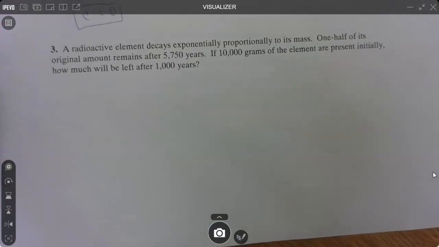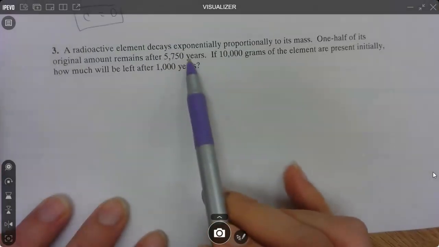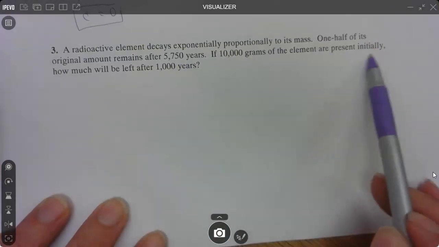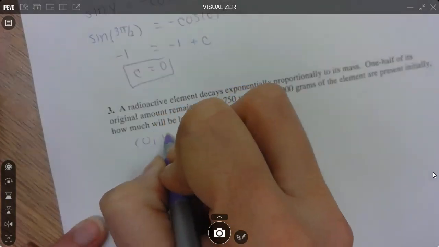A radioactive element decays exponentially proportionally to the mass. 1/2 of its original amount remains 5,750 years later if 10,000 grams of the element are present initially. So that's again like 0, 10,000.